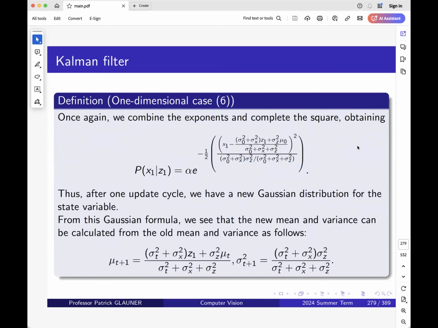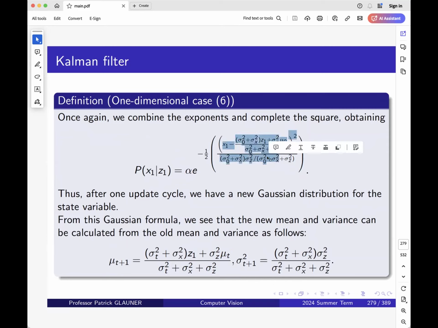And if we have rewritten this, remember from the Gaussian distribution, we said x1 minus a mu, and this mu is actually just this. So our mu plus 1 is just this term, and the mu only depends on the measurement, the past mu, and all these variances. And this is the variance we're dividing in the Gaussian, and this variance only depends on all these variances at time t, in x, and in z.